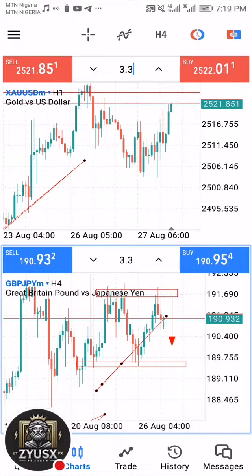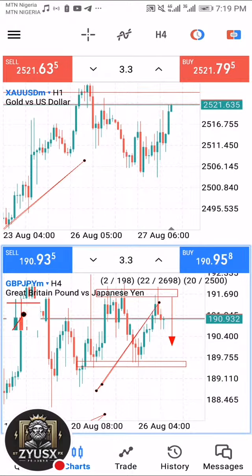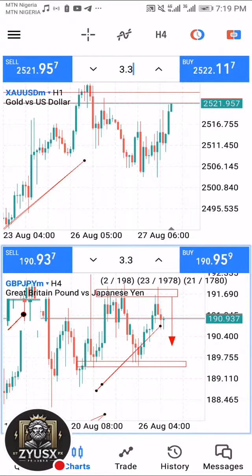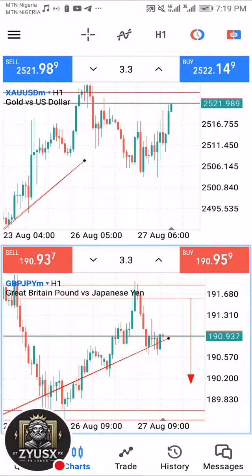Price might decide to come back to the level to create a double top or to retest this area before it can continue down. So you should avoid taking any buys or sells at this area.